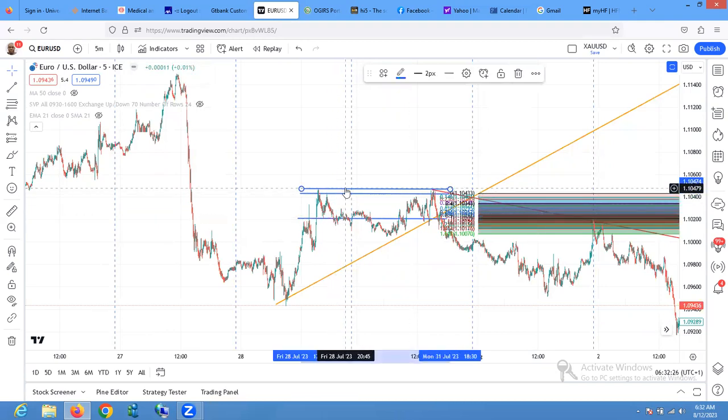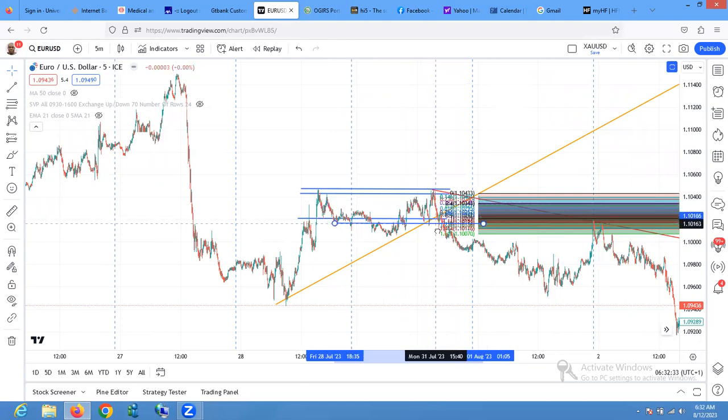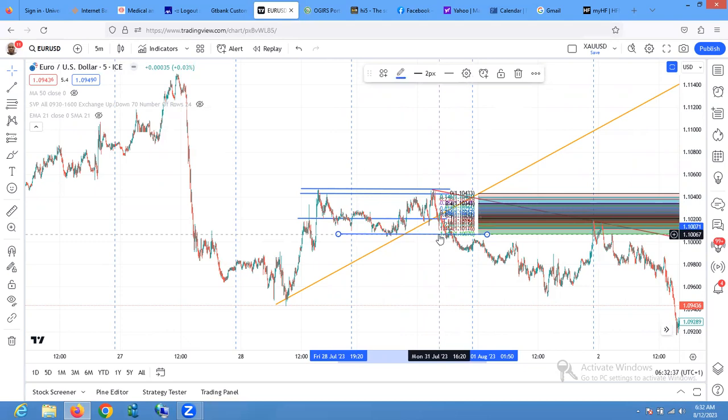So 161.8 here coincides with this, which is at that point. So now price just touched 161.8 and went up. So for me, it's still part of the correction.